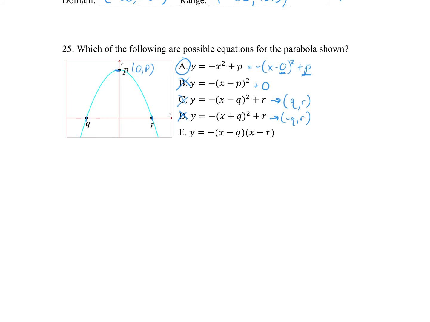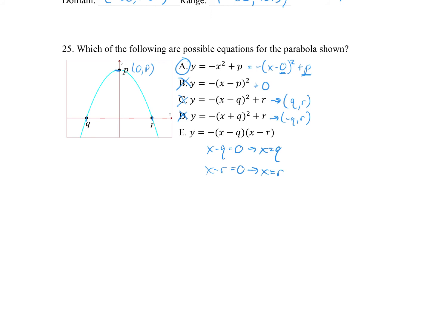Now if we look at E, the formula here in E is two binomials multiplied together, right? When we have two binomials multiplied together, if one of those is equal to 0, the whole thing is equal to 0. So what happens when x minus q equals 0? x is equal to q. And same thing here, x minus r equals 0, x equals r.